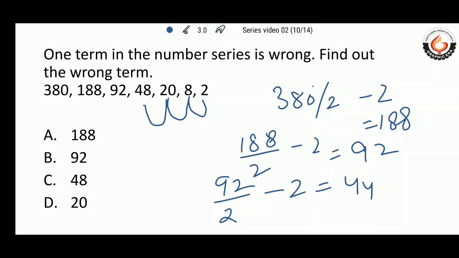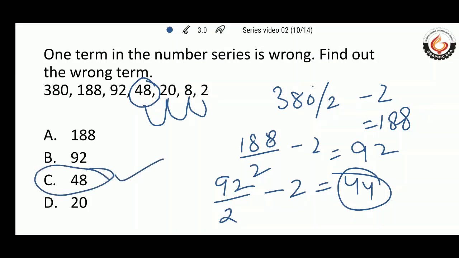Let's assume that if it is 44, then 20 into 2 plus 4, 44. 44 into 2, 88 plus 4, 92 into 2, 184 plus 4, 188 into 2, 376 plus 4. So this number is disturbing the series. So option C is correct. That 48 is disturbing and the correct answer should be 44.